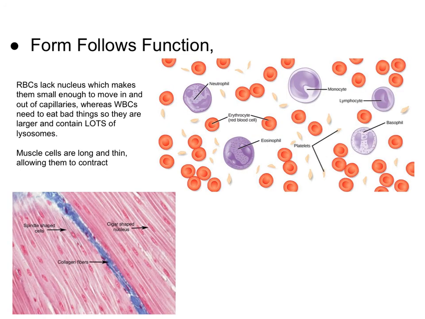Oh, great. And then actually I talk about these right here. These are erythrocytes, or red blood cells, without a nucleus. Here's a muscle cell, super long and thin, in order to constrict. And then these eosinophils, which are also white blood cells, have tons of lysosomes.